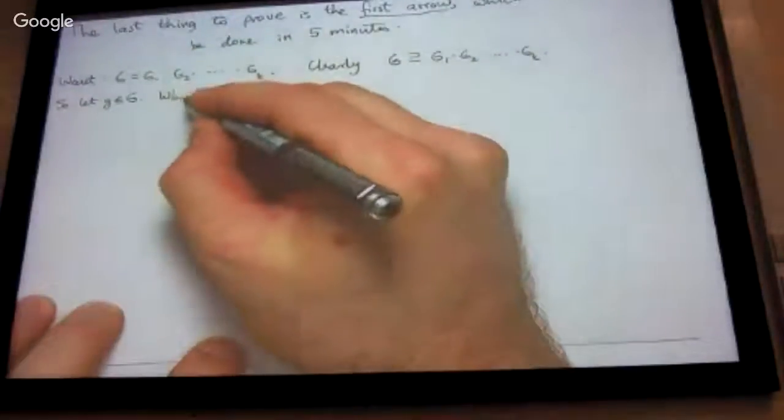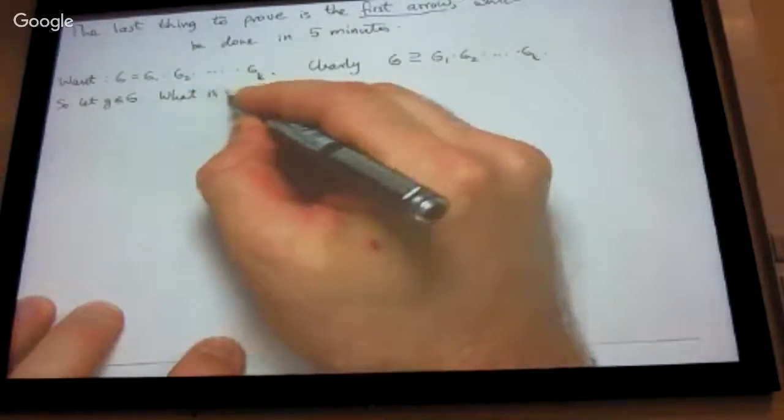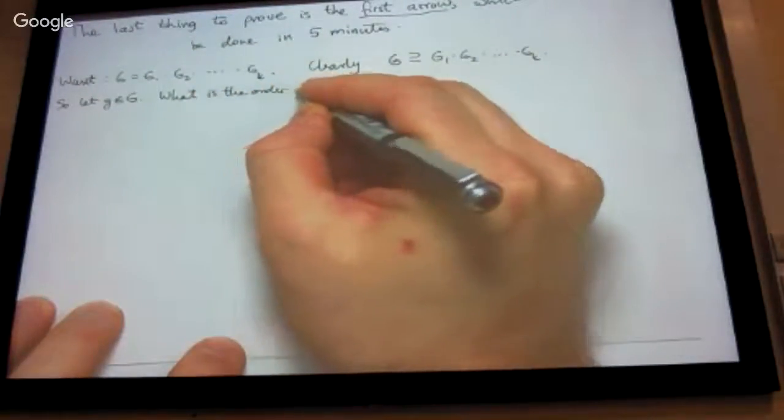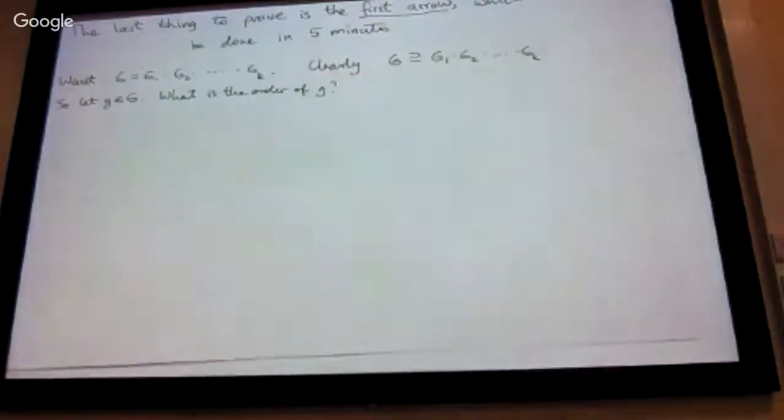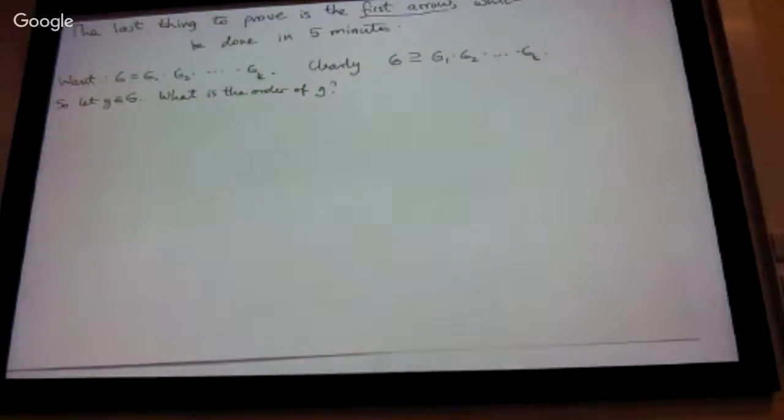So what is the order of this element? Well, the order of an element divides the order of the group.